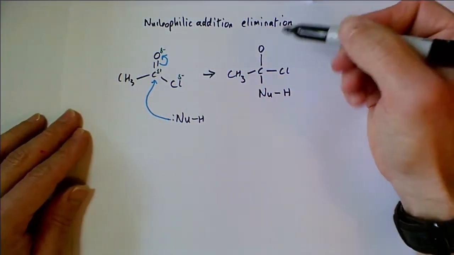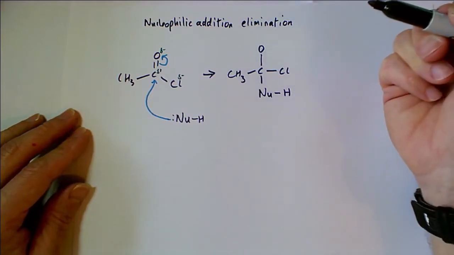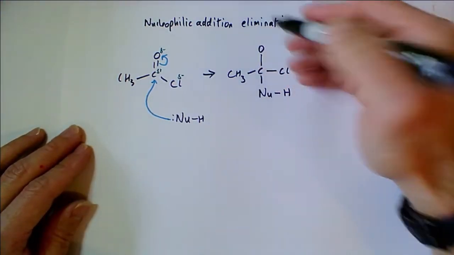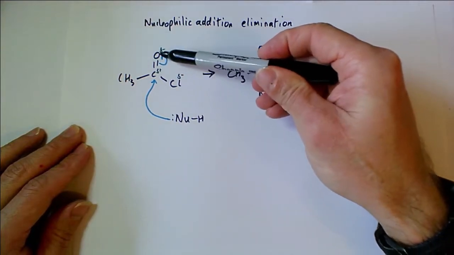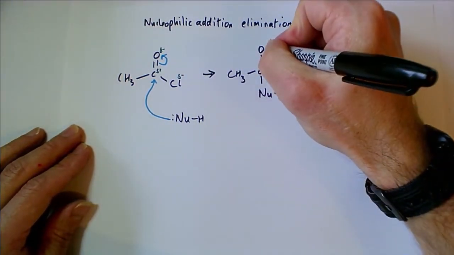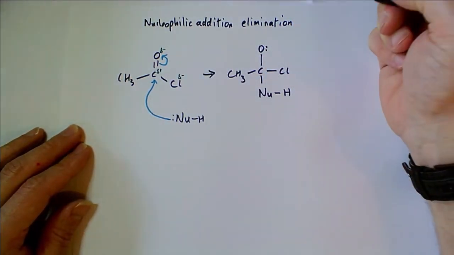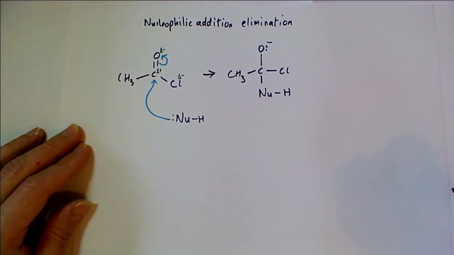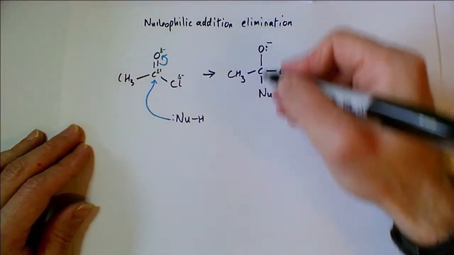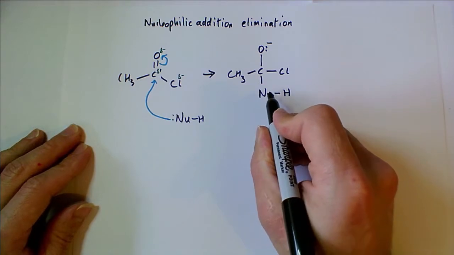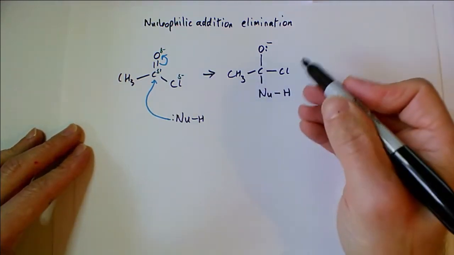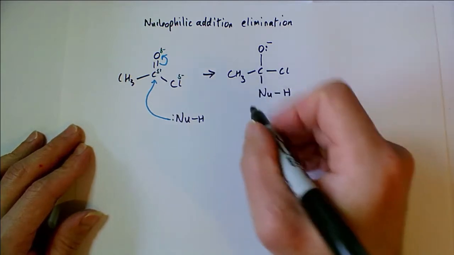So here we are, partially completed intermediate. Our electrons have come from that bond up to the oxygen. So this oxygen now has a lone pair of electrons, and because it's taken both electrons with it, it's going to have a negative charge. Down here, our nucleophile has now formed a bond with the carbon, so it has effectively lost an electron into that bond.